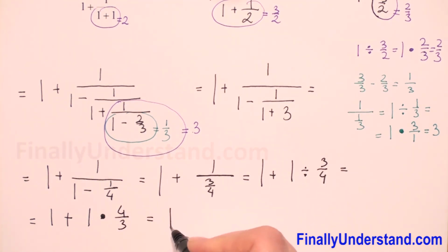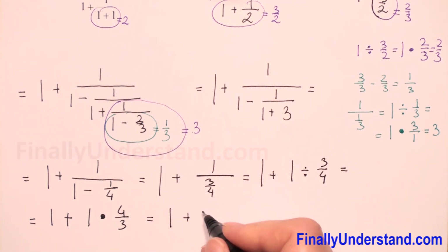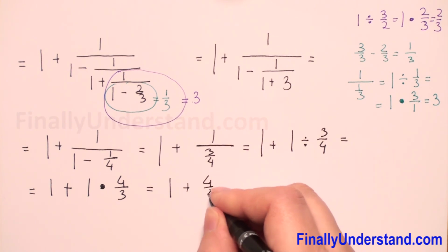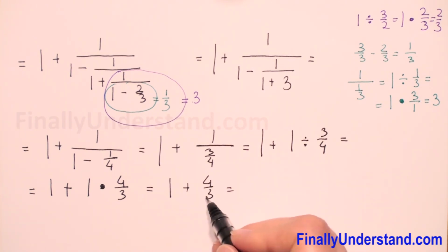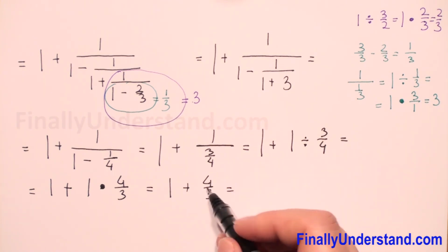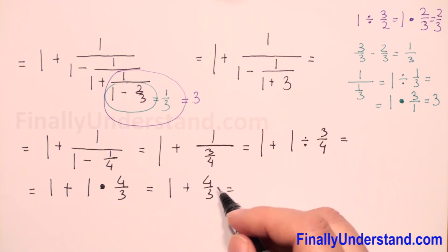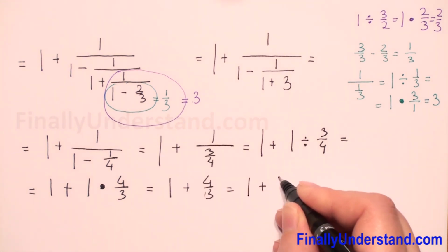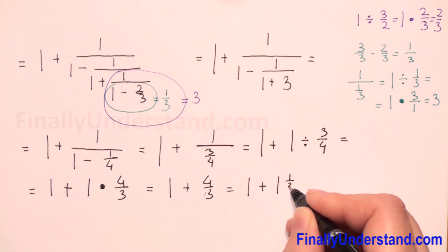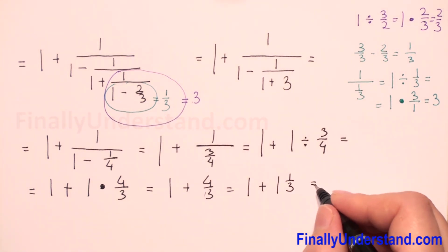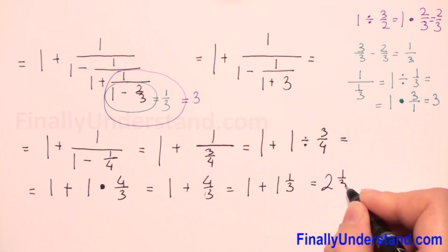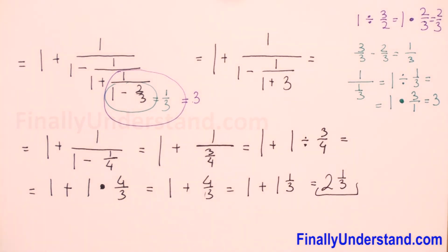So this is 1 plus 1 times 4 over 3, which is 4 over 3. And now we have 1 plus 4 over 3. This is an improper fraction, so we can change it to a mixed number. So this is 1 plus 1 and 1/3. So 1 plus 1 is 2, and we add 1/3. This is my solution.